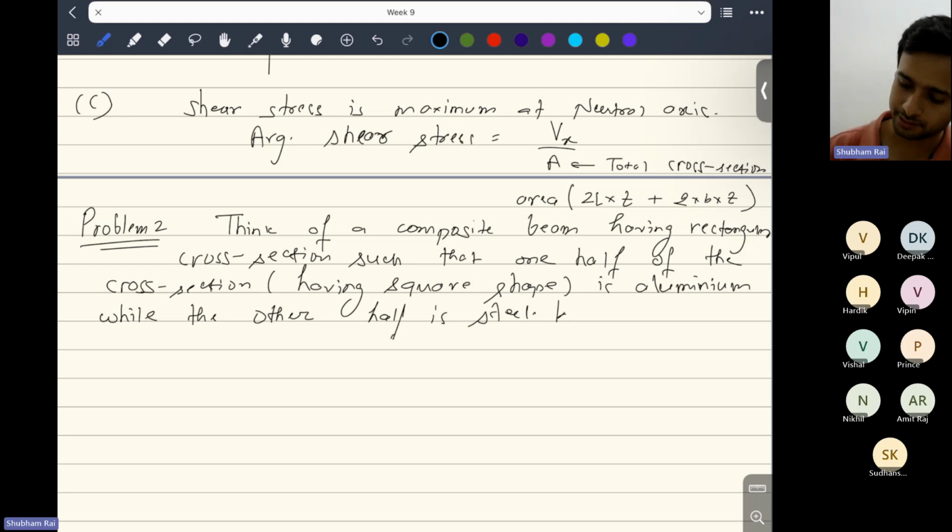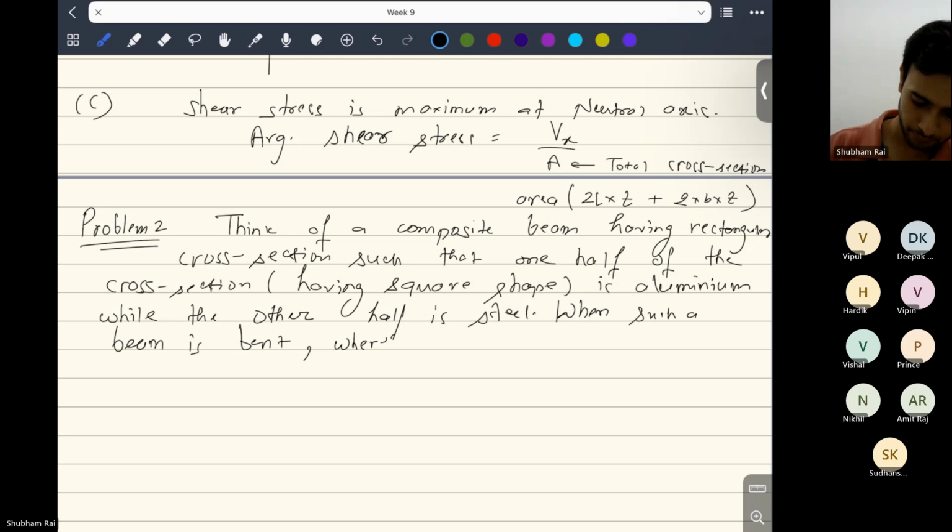When such a beam is bent, where will the neutral axis lie in the cross section?